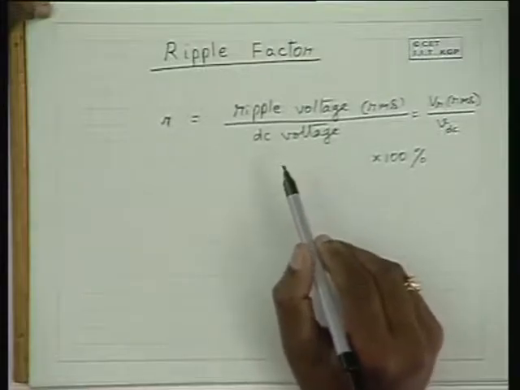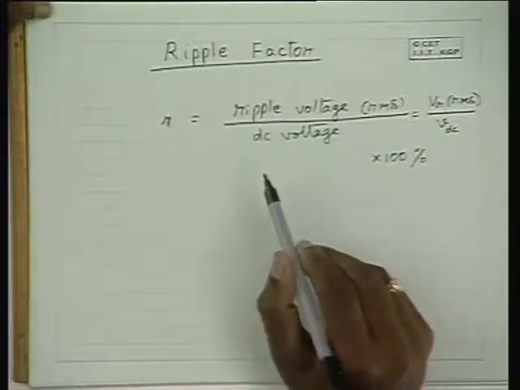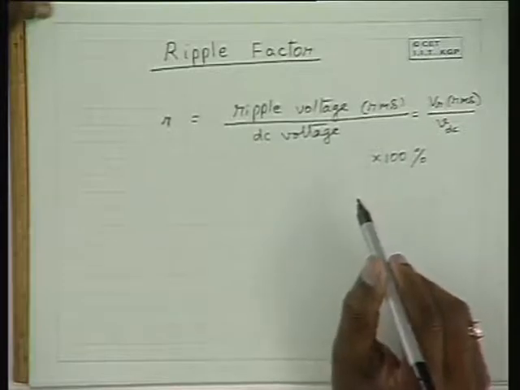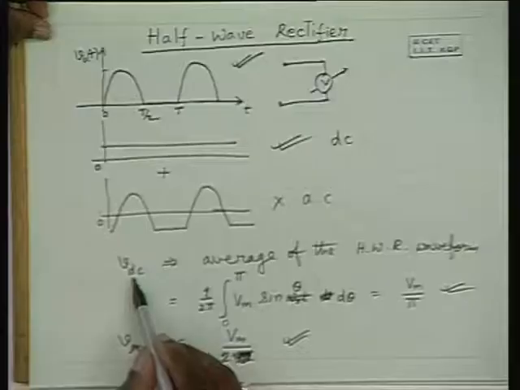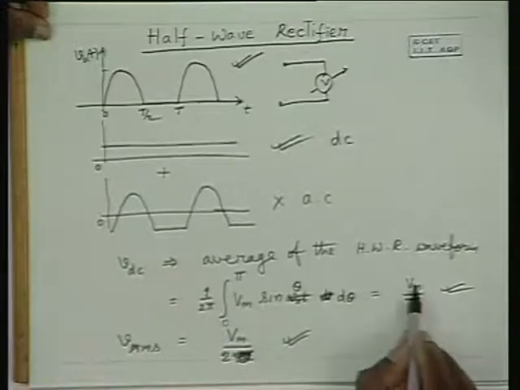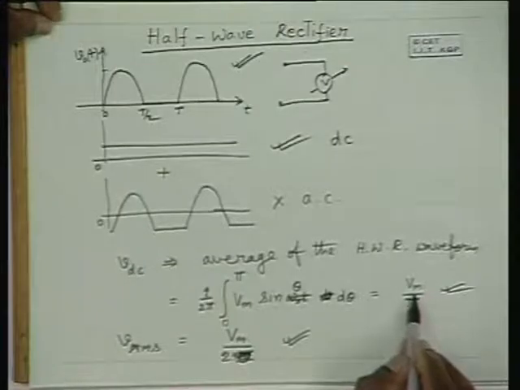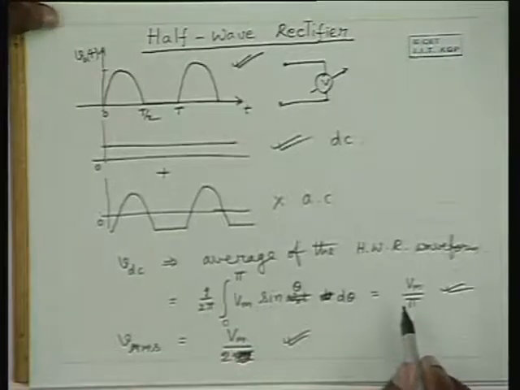Okay, so now let us analyze the ripple factor for the half wave rectifier and full wave rectifier which we have discussed earlier. Please refer back to the analysis of the half wave rectifier. We have analyzed and found that the DC voltage is equal to Vm by pi, where Vm is the peak voltage of the rectified output.